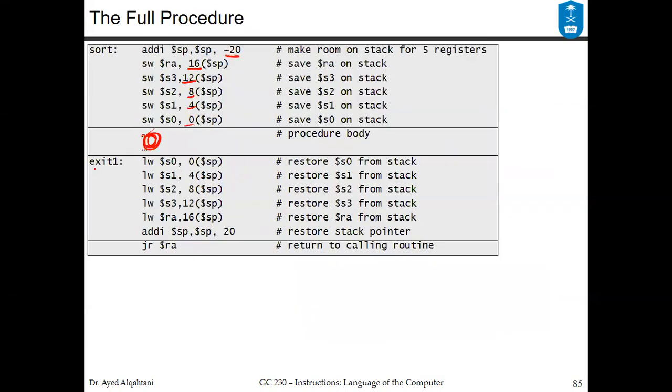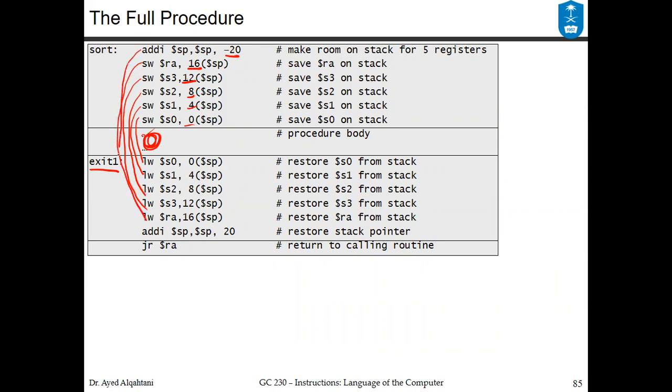You will come here, and at this point, you need to pop everything from the stack. We will do it in the opposite way. As you can see here, instead of the store, you will use the load, and you are actually copying the rest.